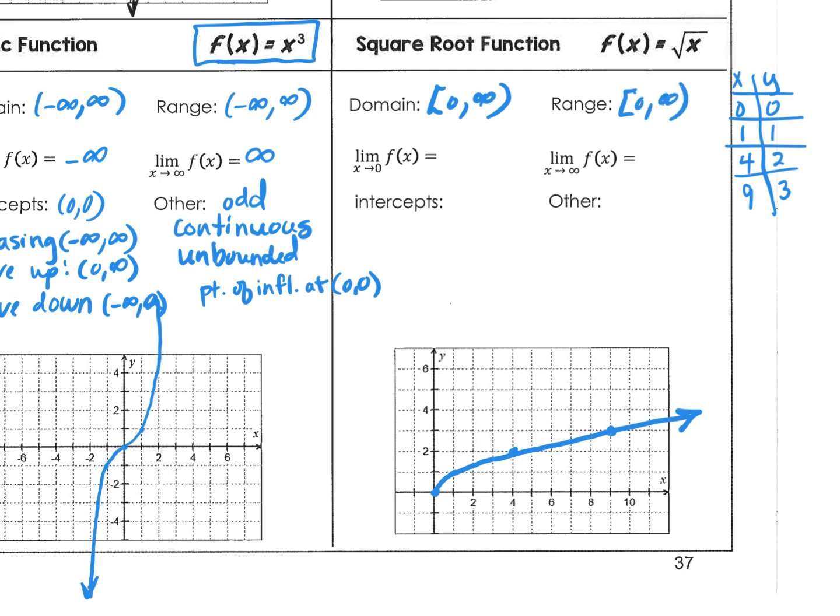What's the end behavior as it goes to the left? 0. Good. What's the end behavior as it goes to the right? Infinity. Yay. Has going through all of these again helped some of you? Is it kind of getting into your head? Good. Where are the intercepts here? X and Y are both at 0, aren't they? So 0, 0 is my intercept.